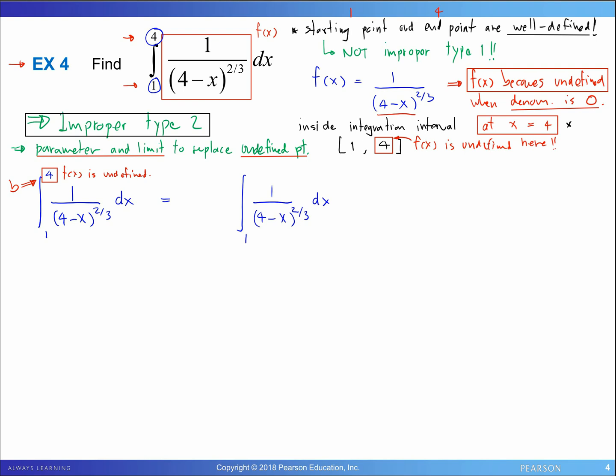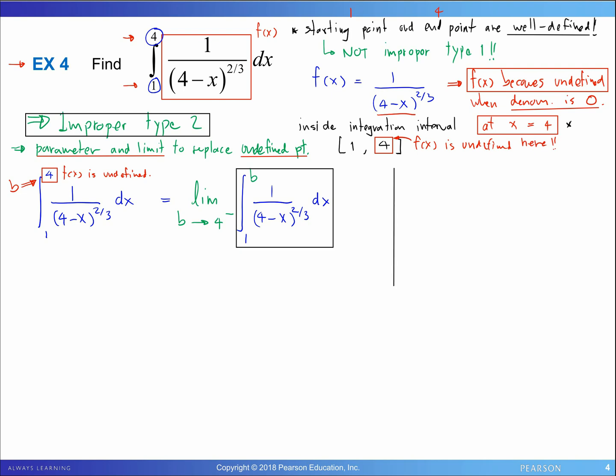Right now we have parameter b instead. Not just that, we also have a limit at the front to tell b to approach 4 from the left-hand side. So we have minus sign right here. And now we integrate this integral. Let's work on that on the right hand side.